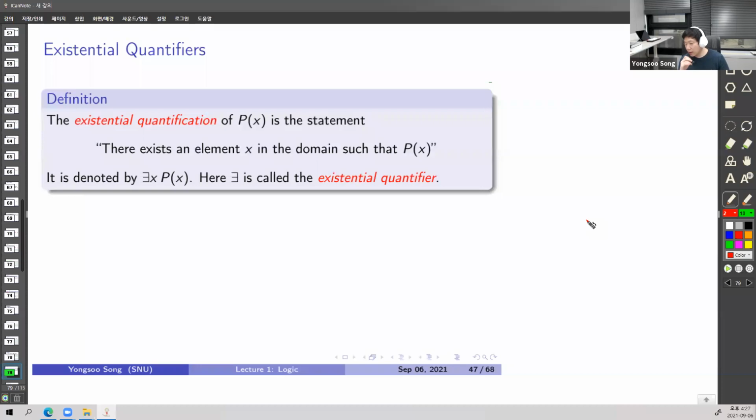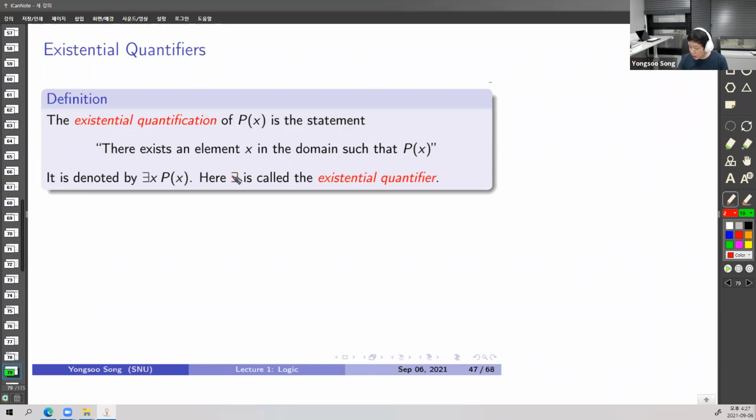Okay, and there are 2 different types of quantifiers. The first one was the universal, and the second one is what's called the existential quantifier. We use this quantifier when we say there exists an element x in the domain satisfying some condition.